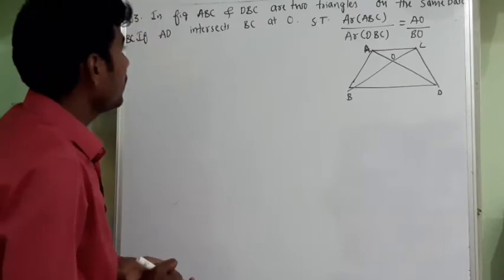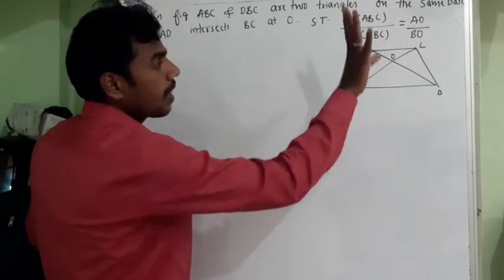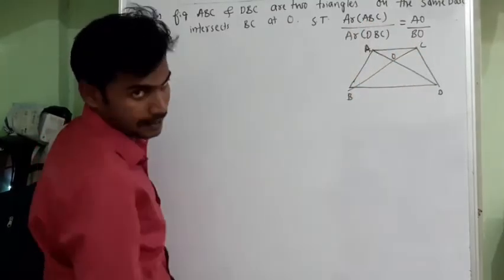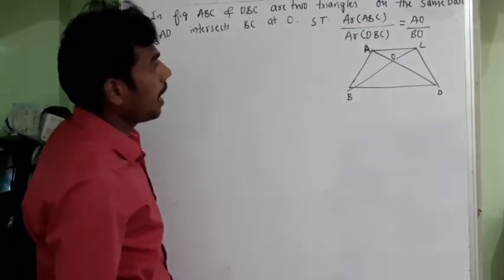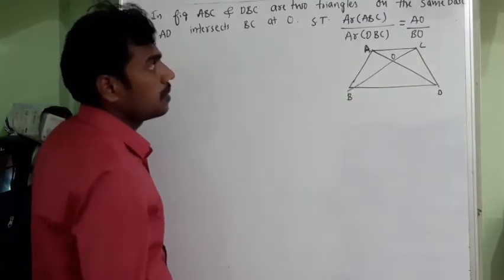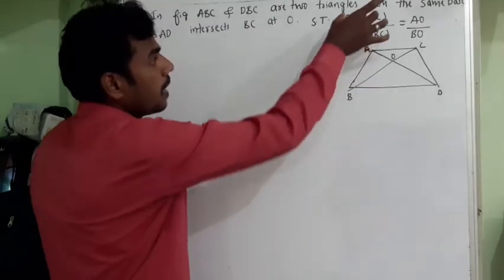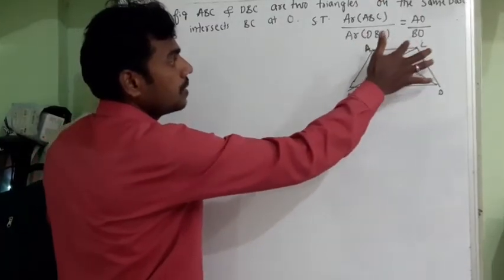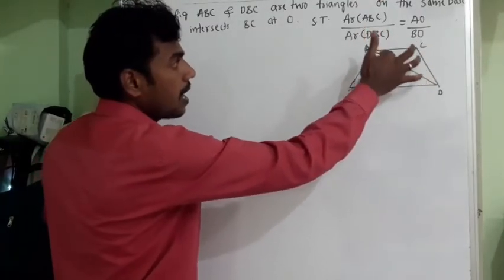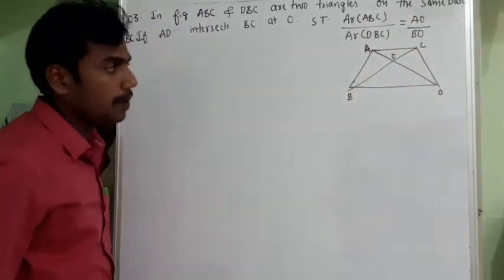See, what is given? There are two triangles. ABC is one triangle and DBC is the other triangle, and they have the same base BC. AD and BC intersect at O. That is the given thing, and we need to show area of triangle ABC divided by area of triangle DBC is equal to AO by DO.